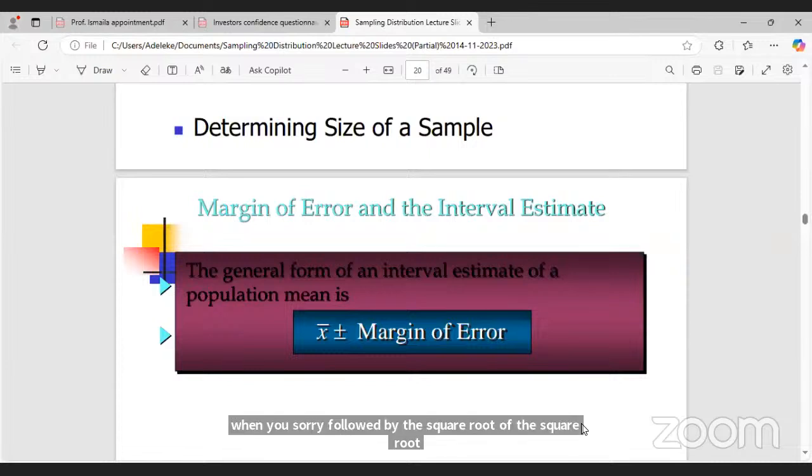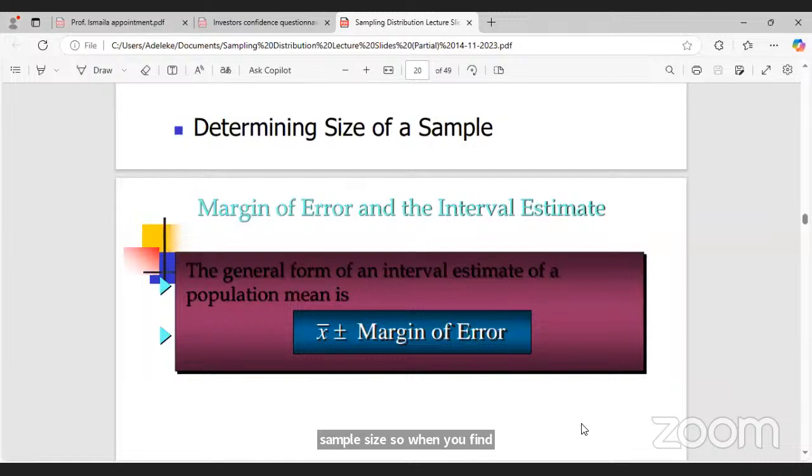So when you find that and then multiply with the value from the table, it gives you the margin of error. Don't worry, we'll compute it now. I will show you. So that margin that allows you to have some freedom is your margin of error.